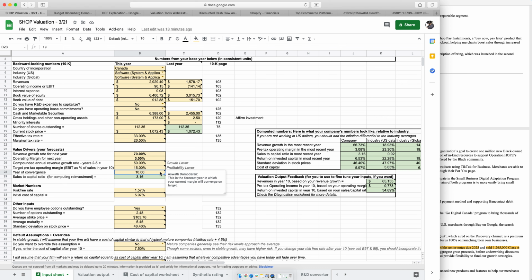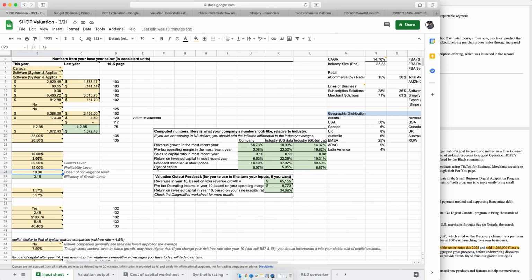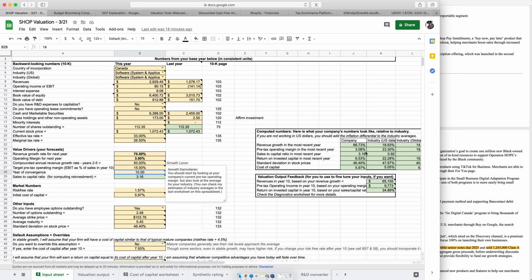If I think it's going to take a while to build up to that, say 10 years to get to 50% margins, that's what I would put here. So this is the forecast year in which your current margin will converge on the target. I think it's going to take the full time to get to that level, because we're pretty far away from that now. We're at 3%. Okay, so I think we're ready.